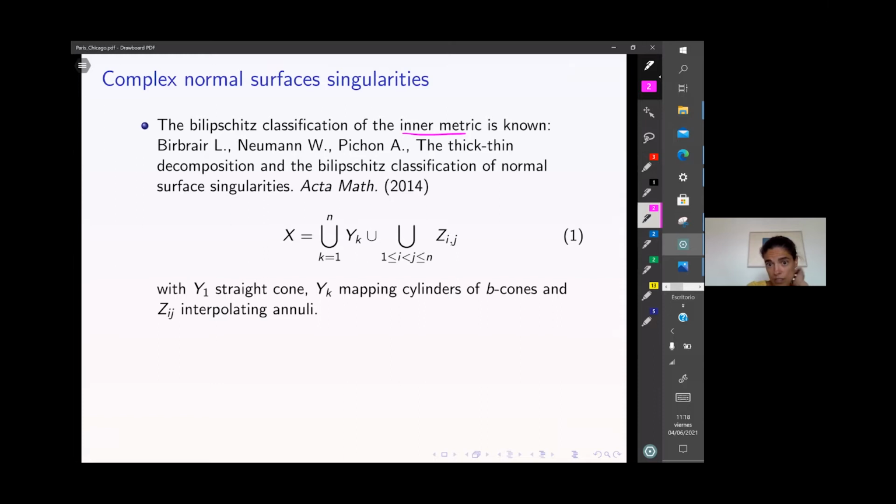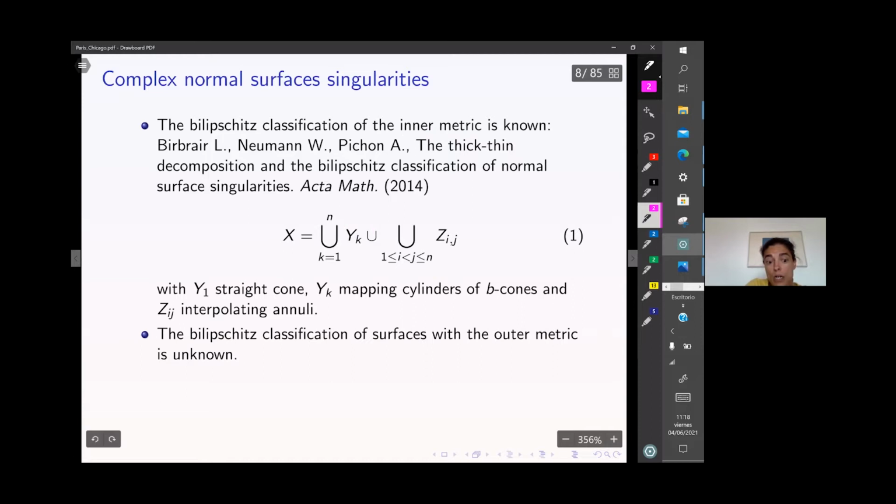And what is known is a thick-thin decomposition of the germ in pieces, a piece that is a straight cone and some other pieces that are a kind of mapping cylinders of the cones and some interpolating annuli. So the inner geometry is completely known. And for example, the outer metric is completely unknown, and there are some other related problems.